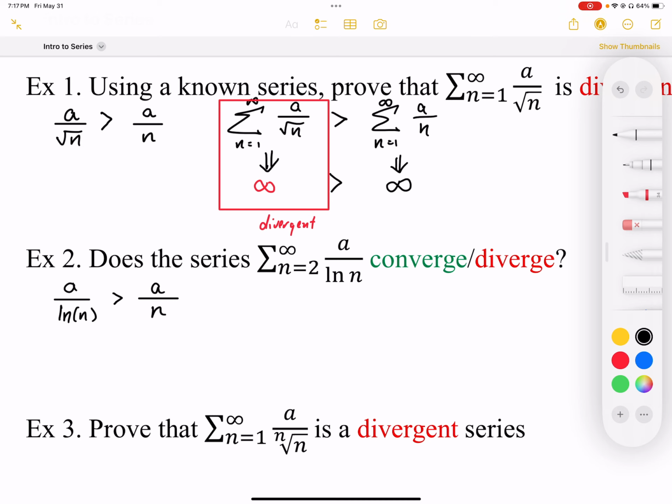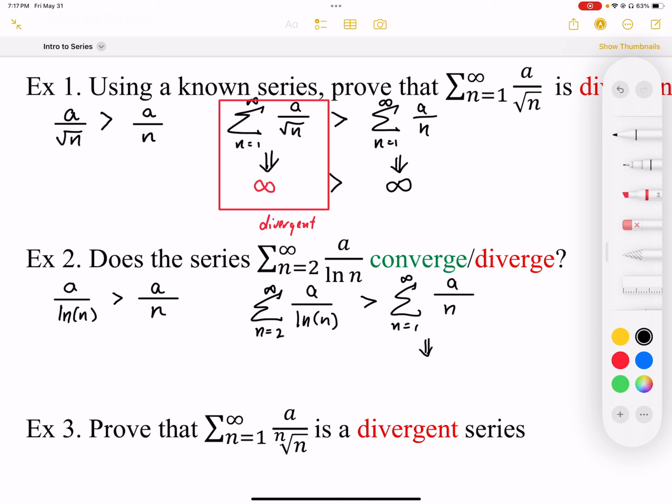Because the denominator on the left, log n, is always going to be smaller than n, for n bigger than 0. And that means that term by term, each term is going to be bigger. So we can then conclude that the sum of the series of 1 over log n must be bigger than the series 1 over n, which is our harmonic series.